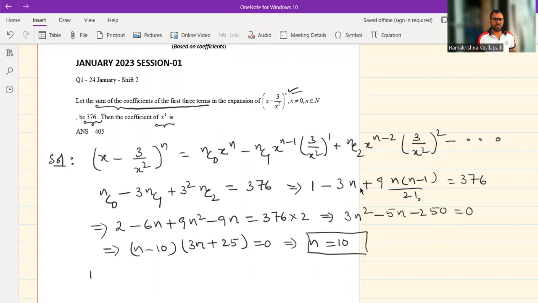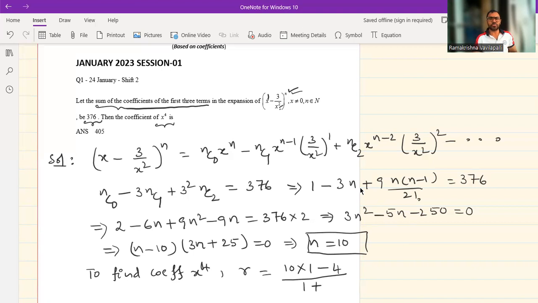To find the coefficient of x^4, r equal to, here n value is 10, p value is 1, np - k, k value is 4, by p + q, p is 1 and q value is 2. So this is equal to 2. So the x^4 coefficient occurs when r equal to 2.